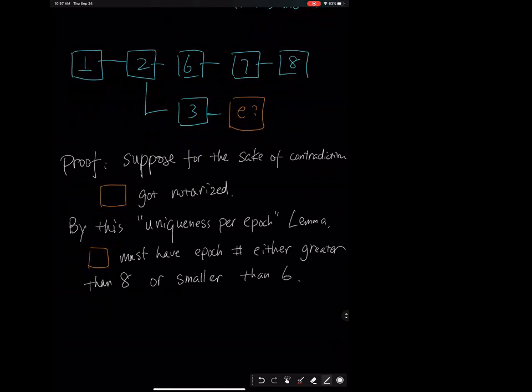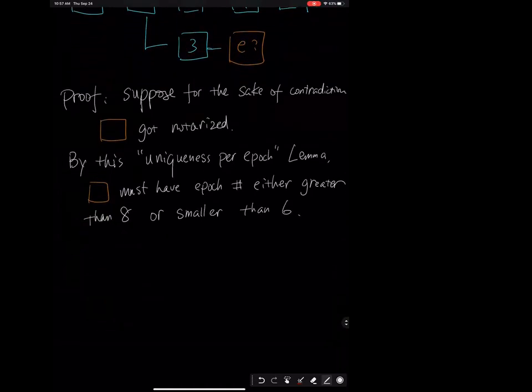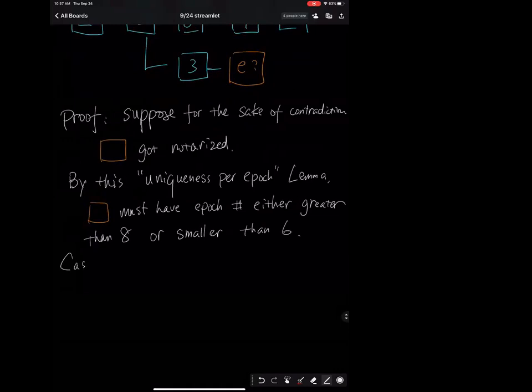So now I'm going to divide it into 2 cases using this. Case 1 is this orange block's epoch number is greater than 8. And case 2, its epoch number is smaller than 6. We will rule out each case one by one, but it turns out the proof is symmetric for these 2 cases.